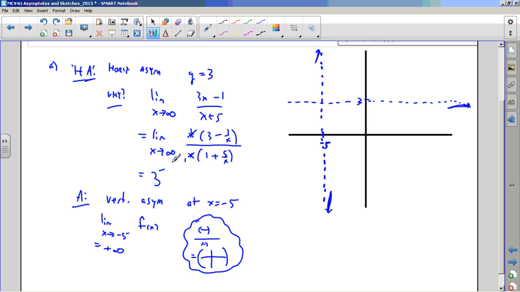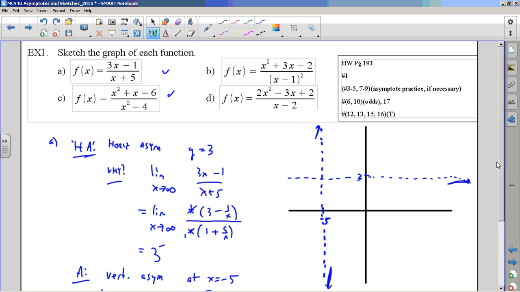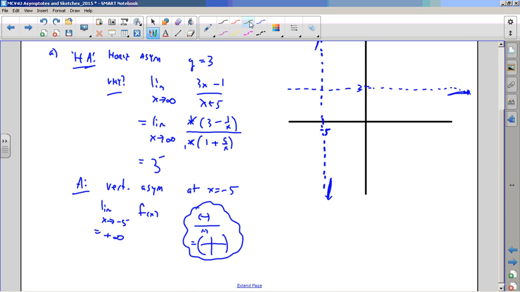Okay, what else? Well, what do we have in our algorithm? Check for domain restrictions, discontinuities, check, all that stuff. X and Y intercepts, dandy. Let's do that. Change of color, change of step: intercepts. The x-intercept is when y equals 0.